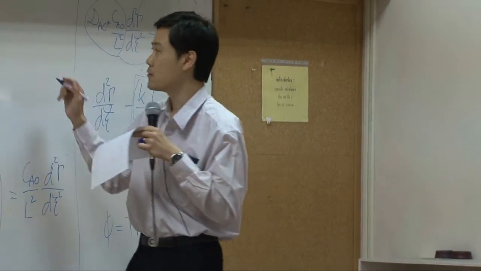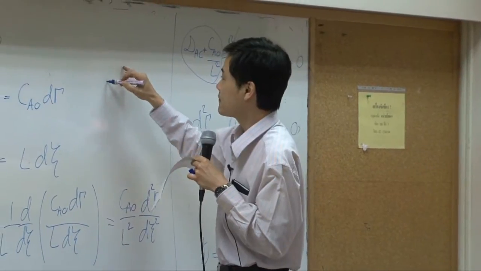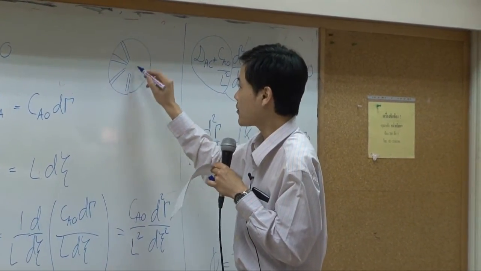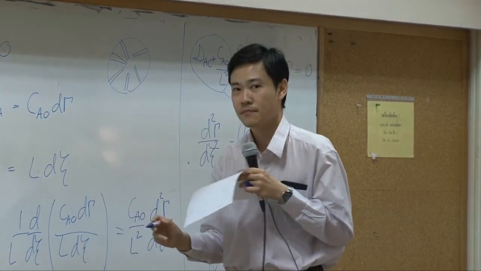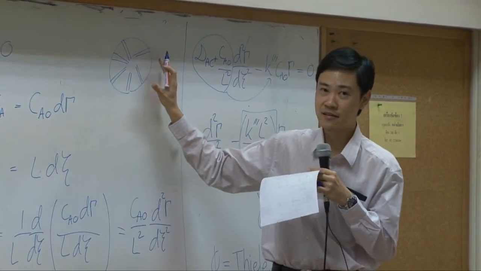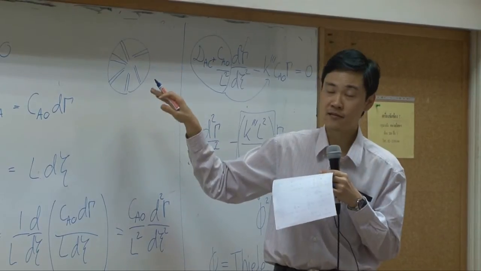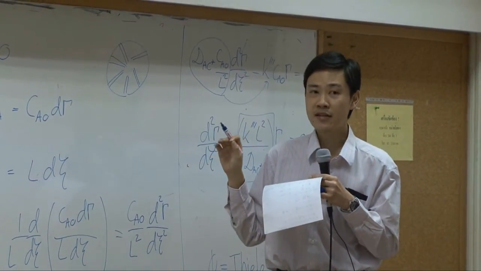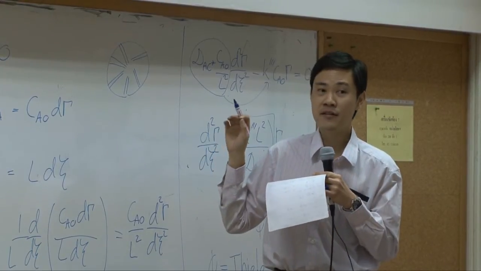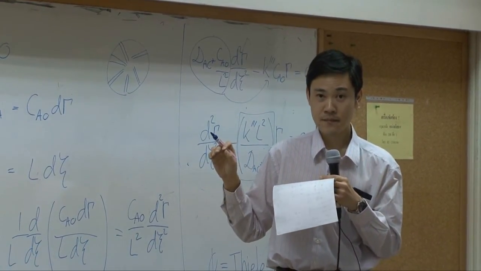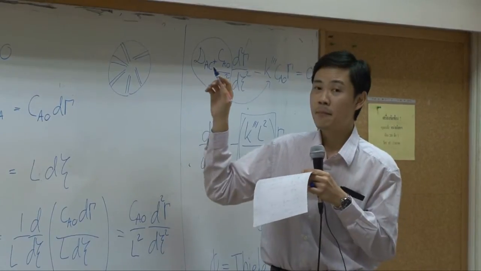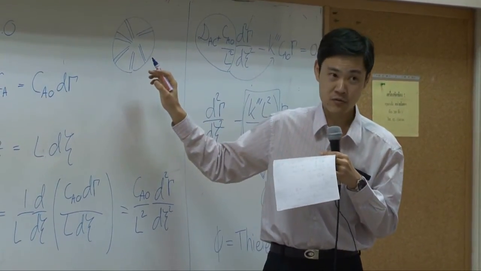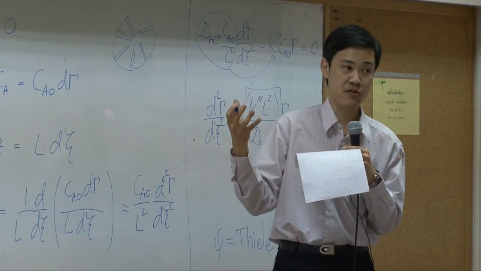For example, if you have porous particles, suppose this is a catalyst, a spherical catalyst, and it is porous. Reaction takes place on the surface of the catalyst. However, the majority of the surface of the catalyst resides within the pores. Imagine a sponge. You know sponge?